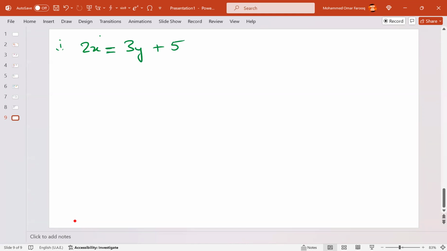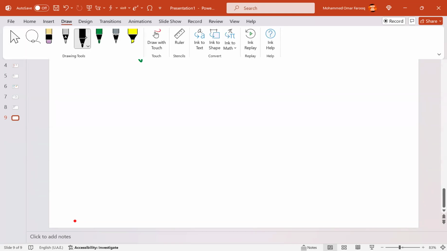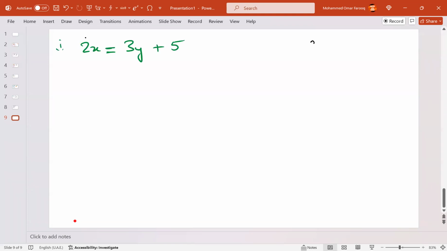Now, what is the first step of standard form, my dear students? Just now I told you. Make the right side equal to 0. All terms on the left-hand side. So that means we have to transpose 3y and also 5 to the left-hand side.